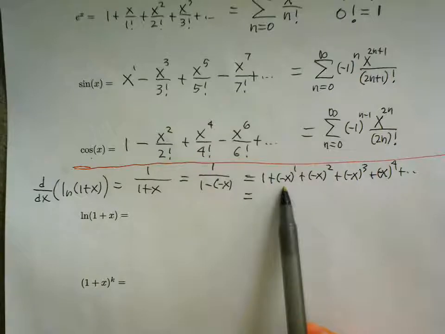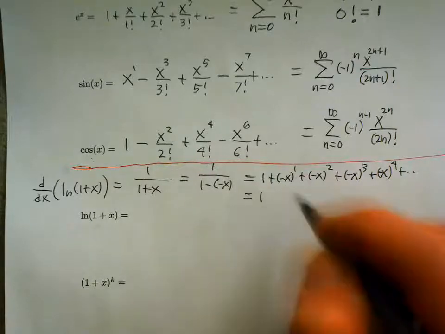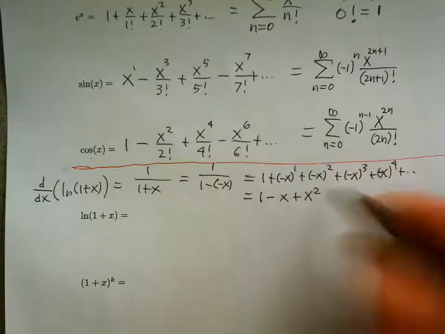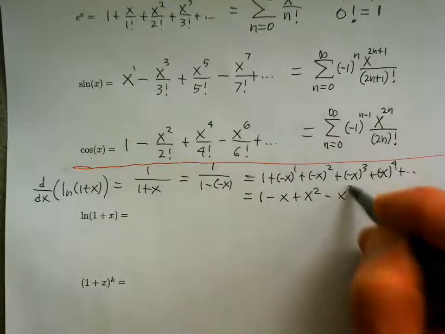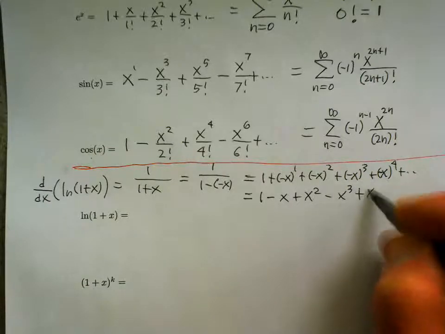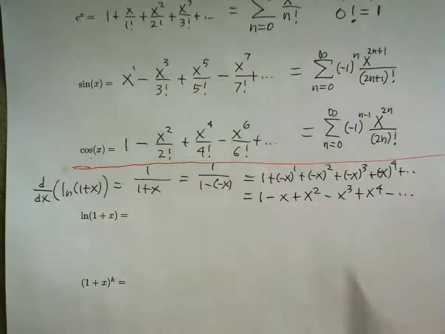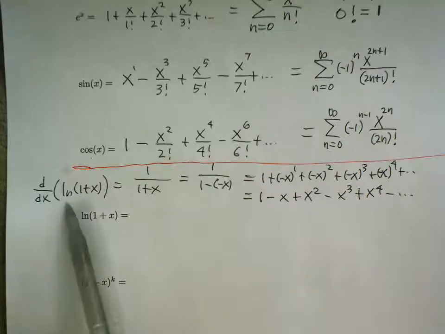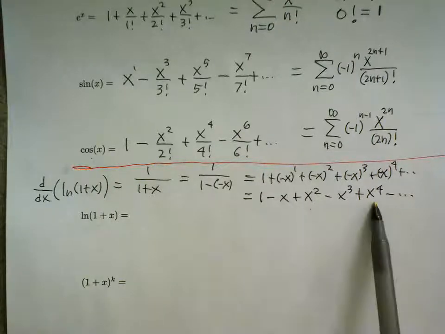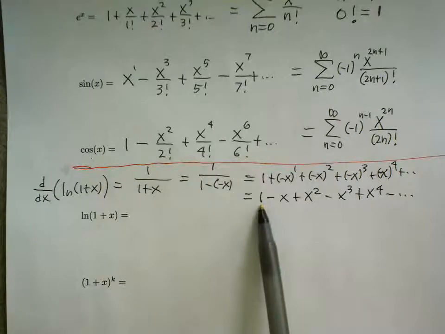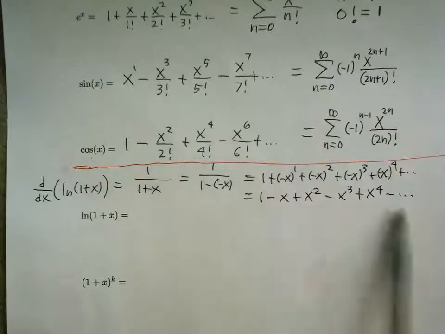And then write it as 1 minus x plus x squared minus x to the third plus x to the fourth, and so on. So if this is the derivative of the natural log of 1 plus x, then the natural log of 1 plus x can be found by finding the antiderivatives of this series.